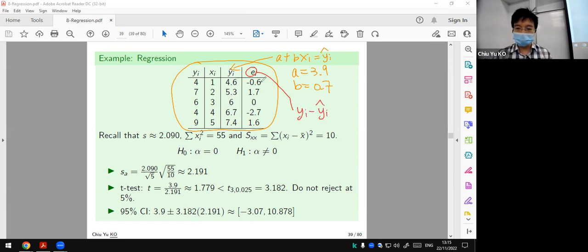So just make sure that you know where every single element comes from. And just to remind you how you get A and B, I don't think you need to worry too much about it. In case you don't know, you can use the intercept function in Excel, and you can also use the slope function in Excel to calculate it. Of course, you can also go to the basic formula to get those.